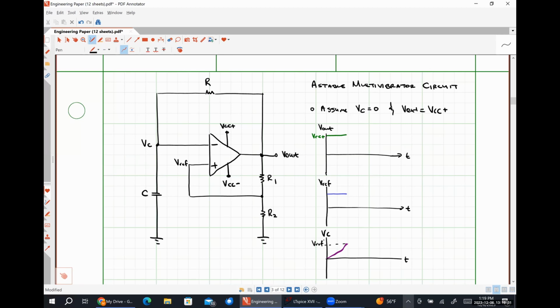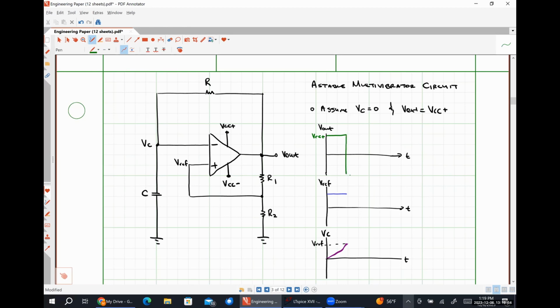So effectively, the instant our capacitor voltage overcomes our reference voltage, that's going to force our output voltage to swing negative. Because now our differential voltage is very slightly negative, and we have a huge open loop gain that we're dealing with. Right?